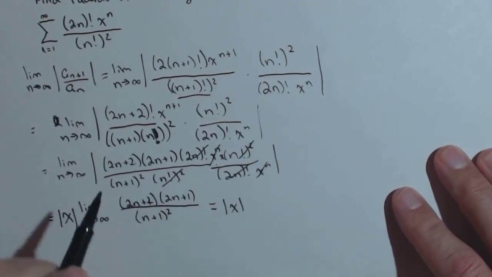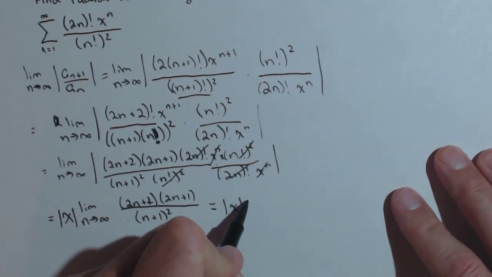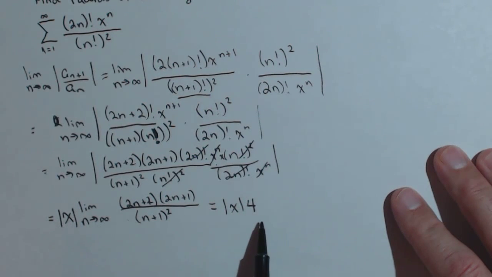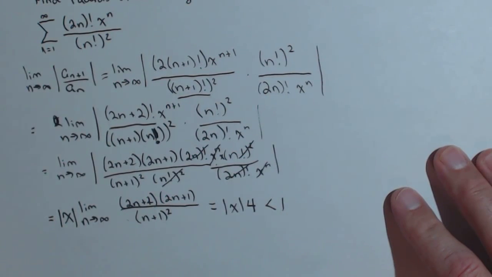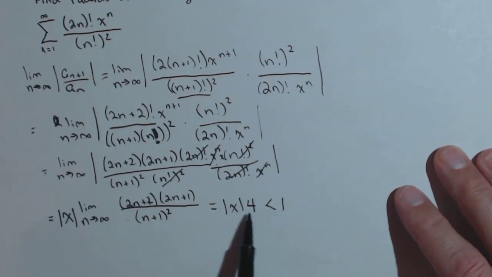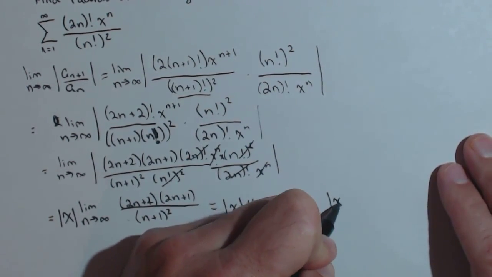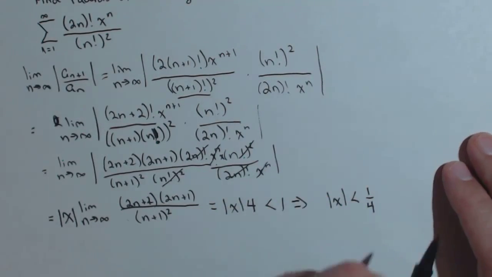So I've got the absolute value of x. Now this limit, we're going to have a quadratic over a quadratic, and we'll be able to show really quickly with L'Hopital's rule that this limit is just going to be 4. Now what we want is for this to be less than 1 in order for this to converge. So in solving this, what we get is that the absolute value of x has to be less than 1/4.